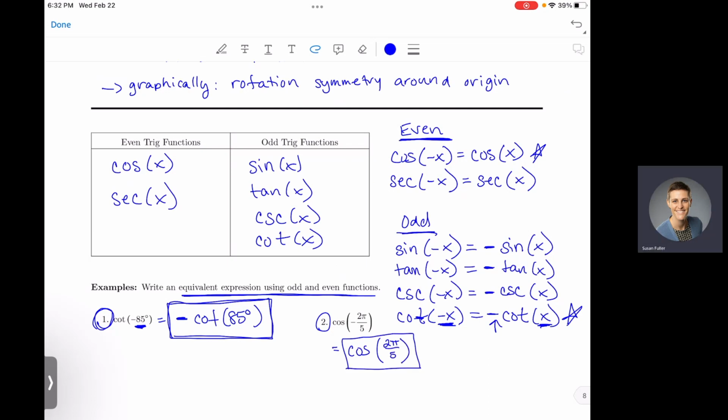You'll get the same thing with the negative angle as you do with the positive angle. And so this is your equivalent expression using even and odd functions here. You'll basically just apply these even and odd identities to the expressions that you're given. Again, don't evaluate those in a calculator, just write an equivalent expression and you're good.